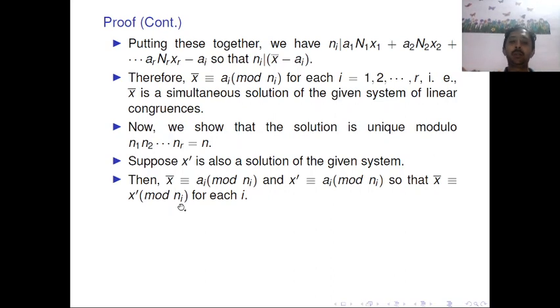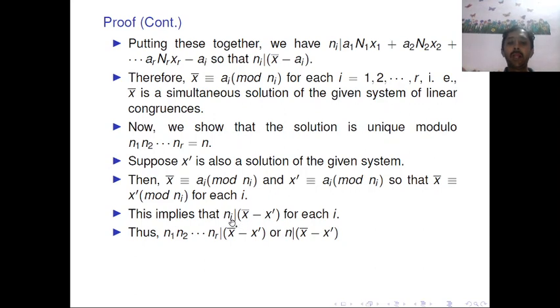This is basically following one of the fundamental properties of congruences. So x bar congruent to x dash mod ni for each i. That means that ni divides x bar minus x dash for each i.